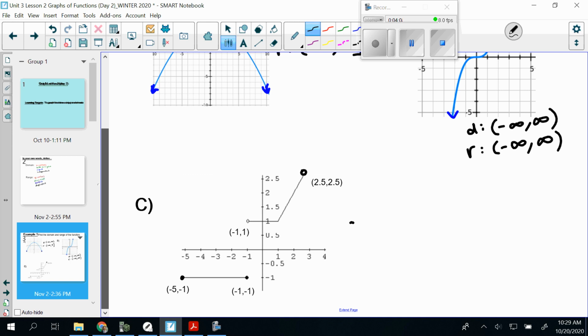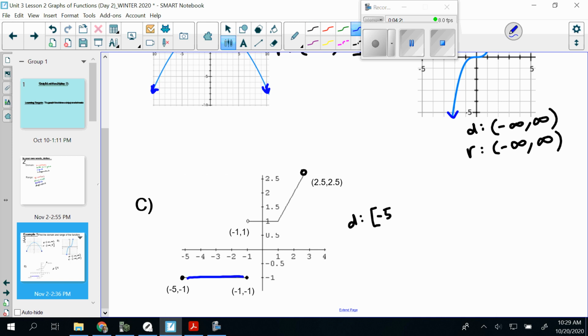So let's start with our domain. That's our x values. So we want to look left to right here. Do we have all our x values? Well, since it stops here, we don't have anything outside of -5. So it starts there, traveling along here. Looks like we get all the values there.